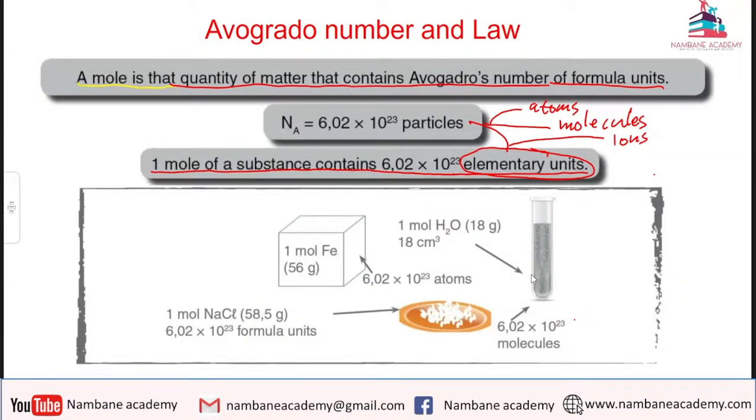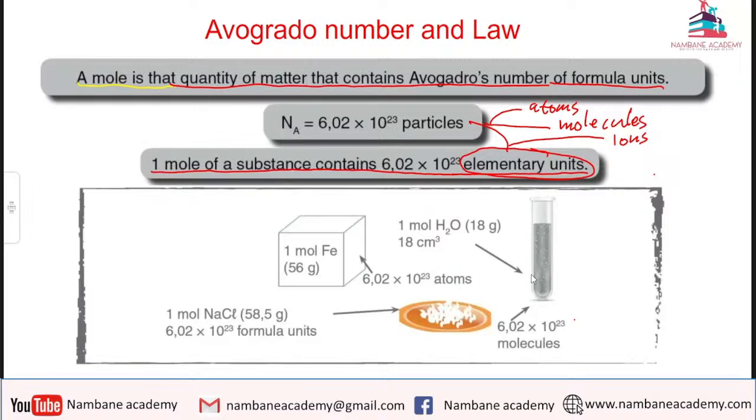Whenever I'm expected to calculate the number of atoms, I am going to use the Avogadro number. Whenever I am expected to calculate the number of molecules, I am going to use the Avogadro number. So 1 mole represents 6,02 multiplied by 10 to power 23.